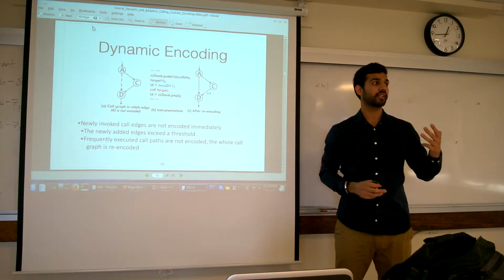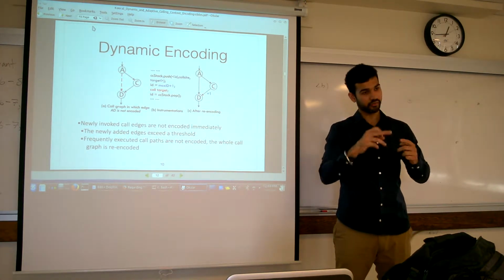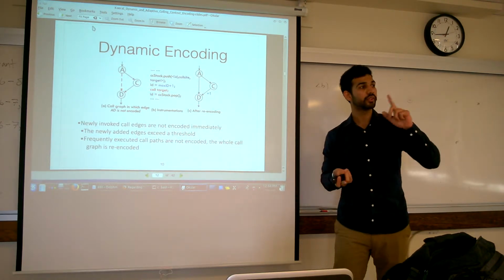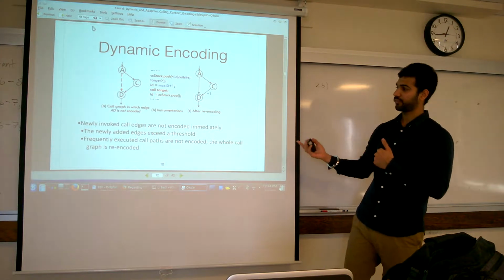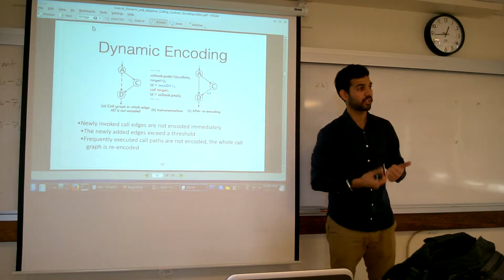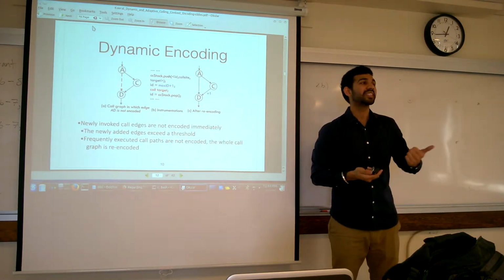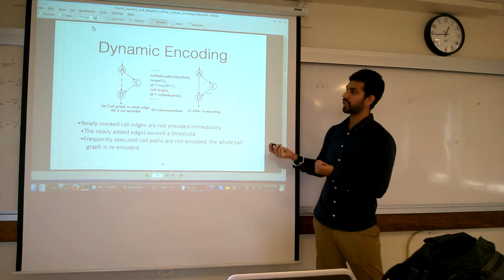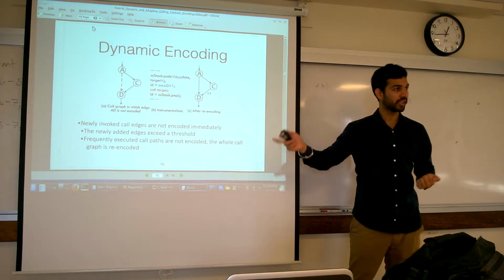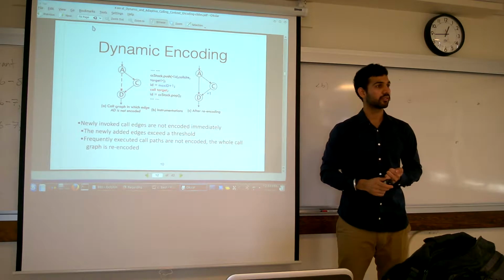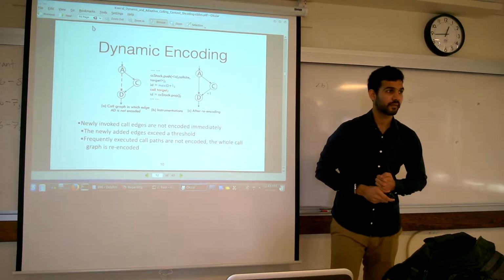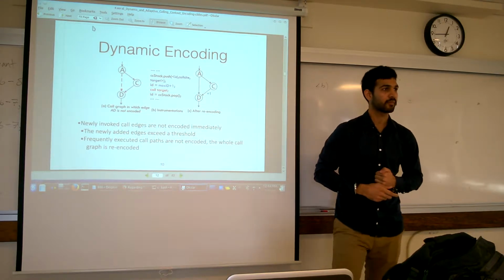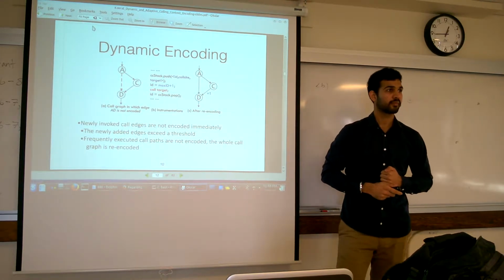You set a threshold to 3, and when you have 3 new edges in the call graph, you re-encode the call graph. The second thing says that when the frequently called paths are not encoded, it might consider only A to B, A to D. You need to have at least some criteria to decide when to re-encode. Otherwise, you'll end up encoding again and again, which will increase the runtime significantly.